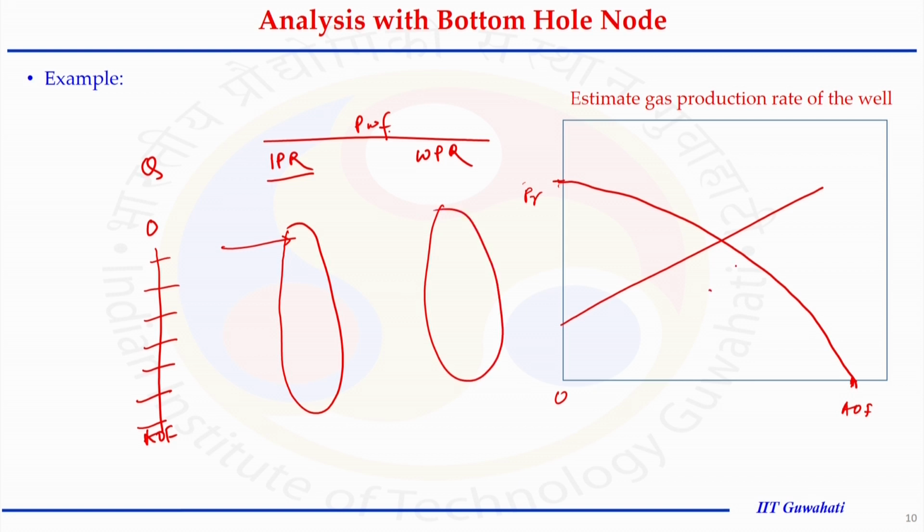And with the help of this we can get the operating condition under that situation, when other parameters are constant in both the IPR and WPR equations. This is going to be the situation for PWF and Q. For the numerical case that we discussed, the Q is around 1478 or 1470, depending on whether we are using the graphical procedure or the mathematical one.